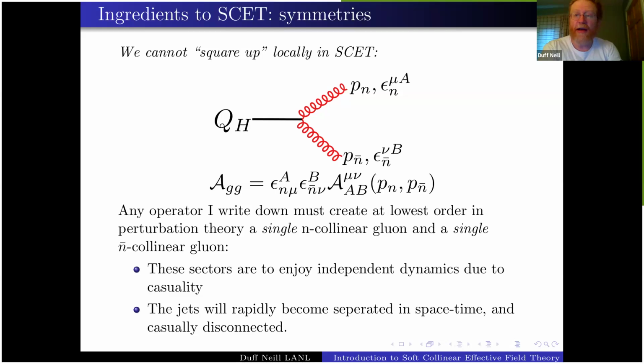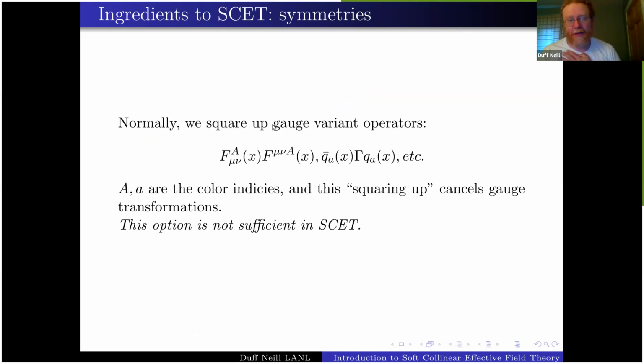In QCD, where I would just square up those operators, note that I have to square them up locally. In order to cancel the gauge transformation, these two operators need to be at the same space-time point, because the gauge transformations themselves are local. They're happening at every single space-time point, and they can be effectively independent at every single space-time point. So if I'm going to square up operators, I have to demand that they are sitting at the same space-time point, and that would cancel the gauge transformation at that particular point.